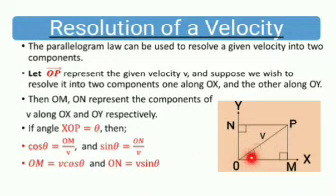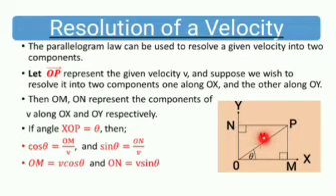Another way of doing this is, since this line is parallel to this one, if this angle is theta, this angle is also theta, and this angle P here is also theta. If you are looking for ON here, the side opposite to this angle that I'm pointing at is ON, and we have this longest side as the hypotenuse. So sine theta is equal to opposite over hypotenuse.